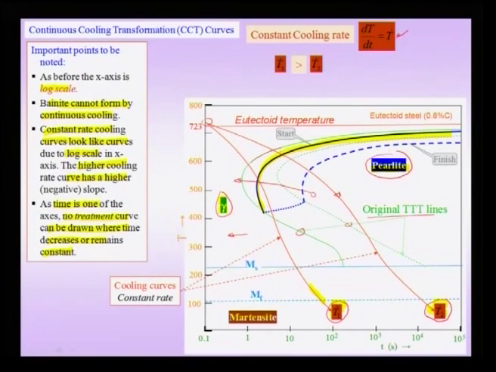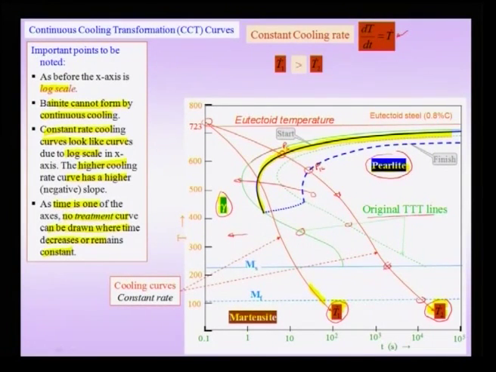Once the curve has crossed a curve like this here and here, I have the pearlite start, and this would be my pearlite finish, and that means the whole of my gamma has transformed into pearlite, and therefore, these intersections right here have no meaning. We should not read into these intersections. At this point, all the starting product has transformed into pearlite, which is a microconstituent, and therefore, no further transformation of this pearlite can take place.